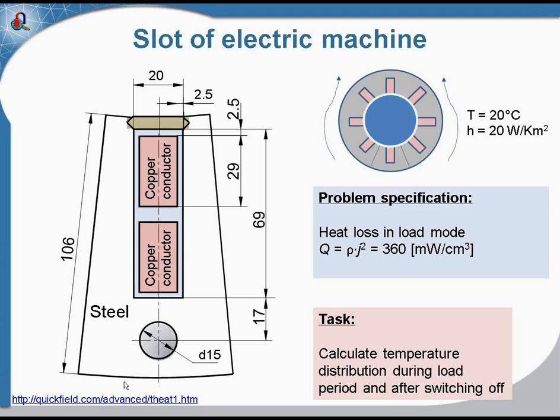This at the bottom is the external surface, and from the inner surface, here in the air gap between the stator and rotor. And the heat is evacuated from the cooling duct. All the temperatures at each surface and the convection coefficients are specified.